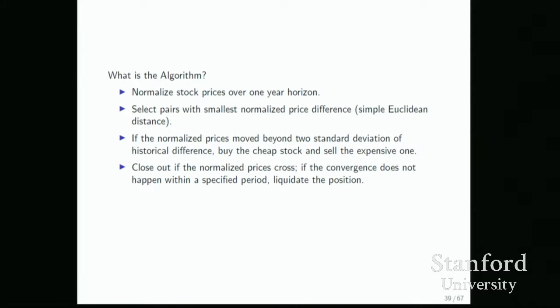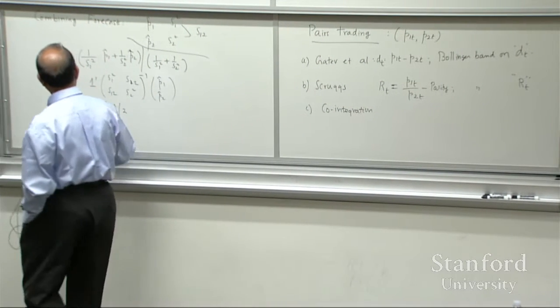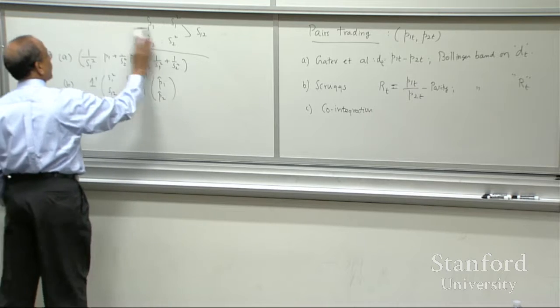Normalize means making sure they are in comparable units, and then select pairs with the smallest normalized price difference. They essentially use the simple Euclidean distance. When you have 2 series, you can simply use the difference between the 2 series if they are in comparable units. You can also compute what we call the Mahalanobis distance. Let me briefly give you that.